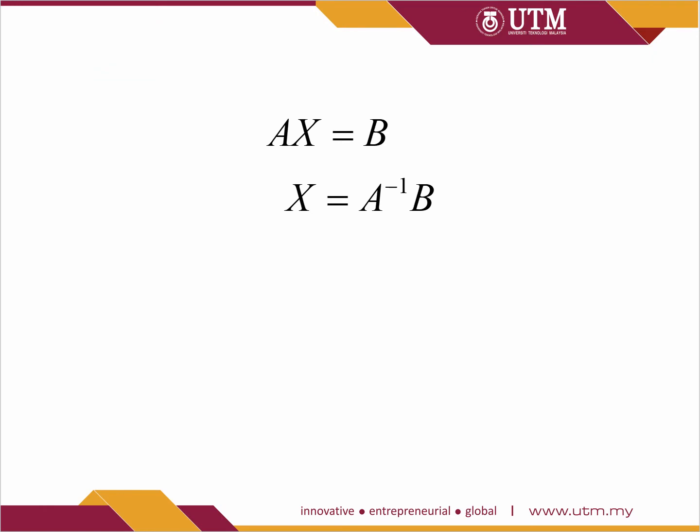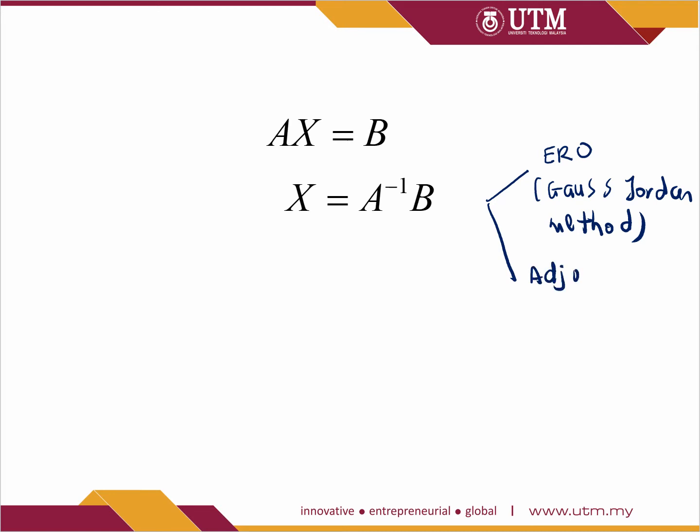Find this inverse matrix of A. You can refer to the previous note from 5.5 on how to find the inverse matrix of A. There are two methods. The first one involves the ERO method, which can also be called the Gauss-Jordan method, and another method is the adjoint method.